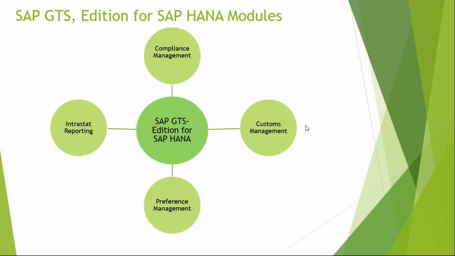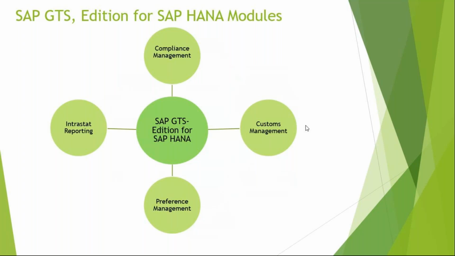But when it comes to risk management, now risk management is not part of this SAP GTS edition for HANA solution. So in risk management, we all know that we have three modules, right? We have trade preference management, letter of credit, and restitution.